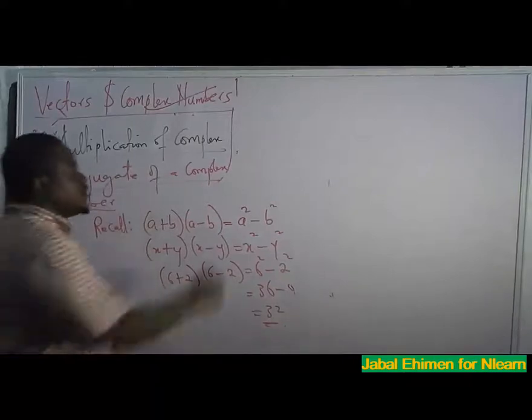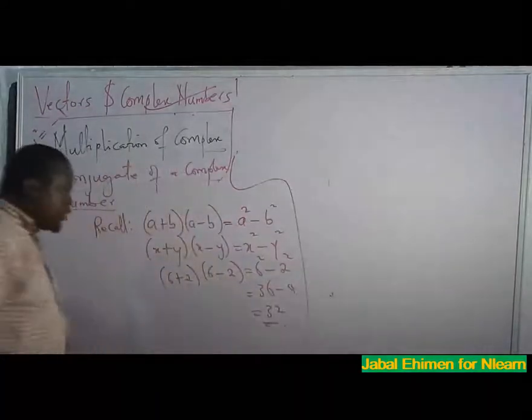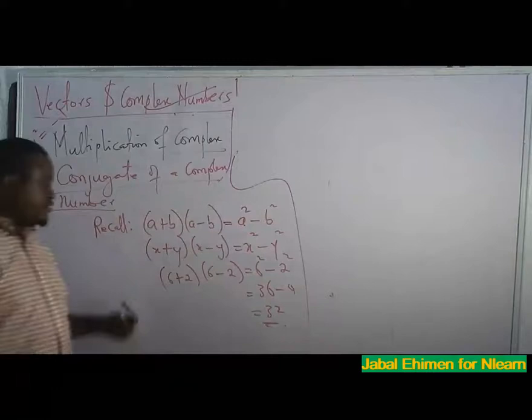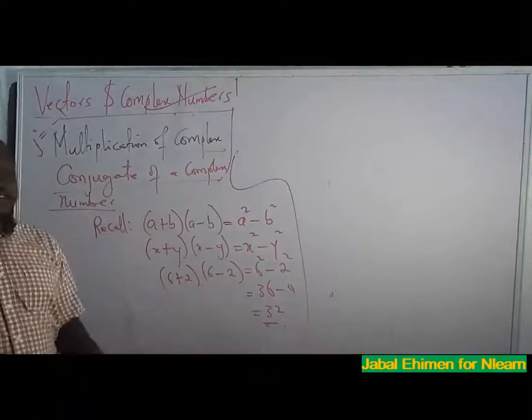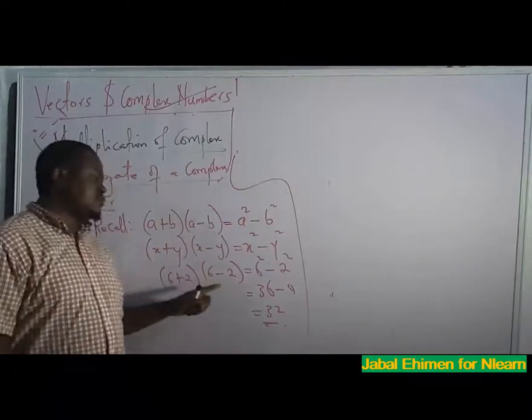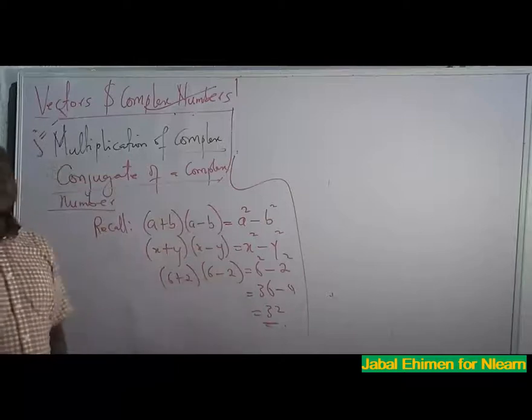So with this, it's simple. Because if you do the same thing out here, 6 plus 2 is 8, 6 minus 2 is 4, and if you multiply them, it will still give you the same value.